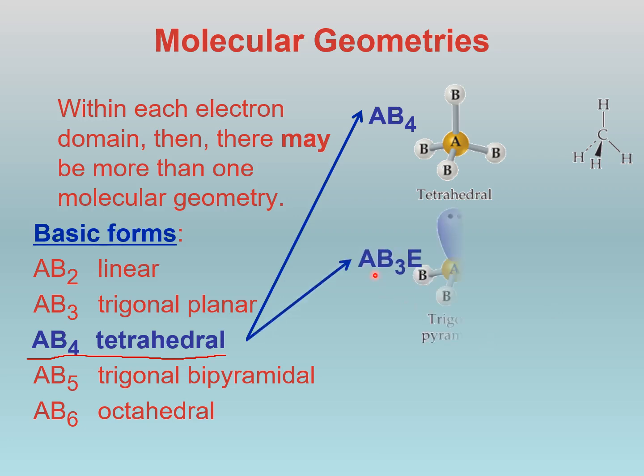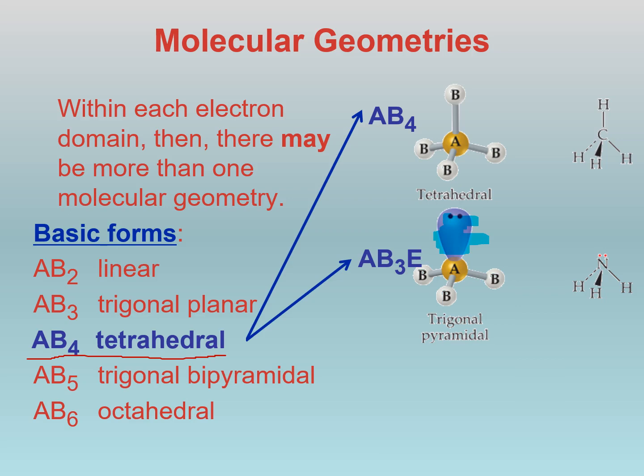Then you might have this, where your 4th electron domain is a non-bonding electron pair. You will visibly not see this. It would be like we scratch that out. It's there, but you can't visibly see it.